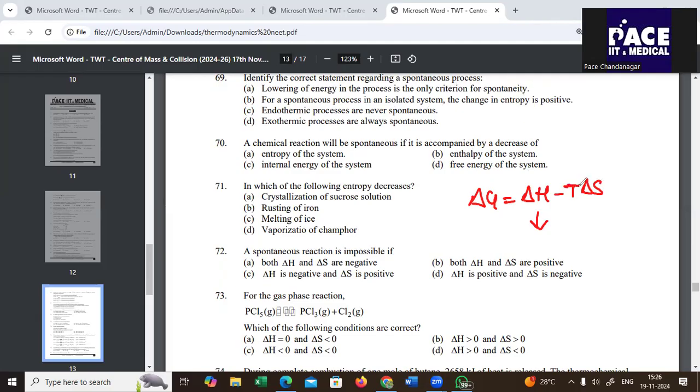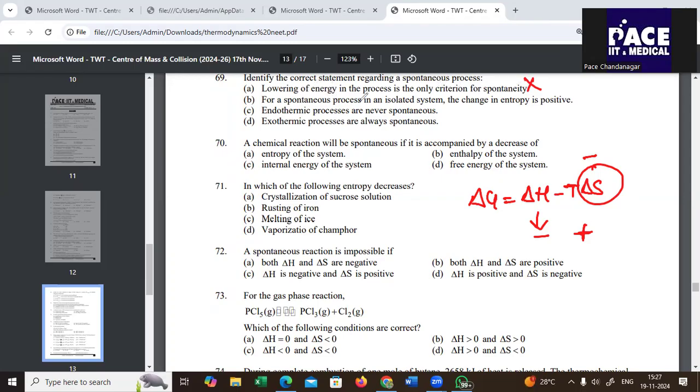No. In case it is spontaneous, delta H is negative. But in case delta S is also negative, then what happens? So it is not the only criterion. In case delta S is negative, negative of negative becomes positive, and your delta H negative, this part positive. In case your delta S is more positive, then definitely delta G will be positive. Then your answer is not spontaneous. So here the option is wrong. It is not always the only criterion.